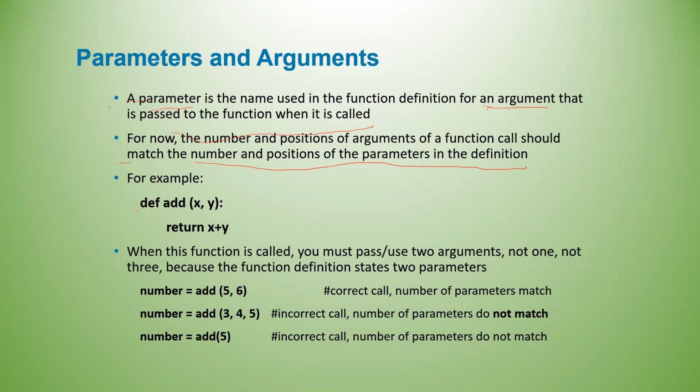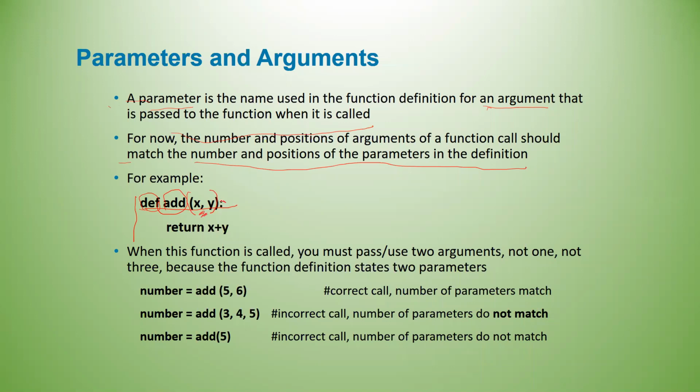For example, this is a function definition, right? Function header. And this is the keyword def telling you this is a function definition. This is the function name. And how many parameters do we have, everybody? Two. And when you have more than one, you separate the parameters with a comma. Okay, so you separate them. And I forgot to mention this.